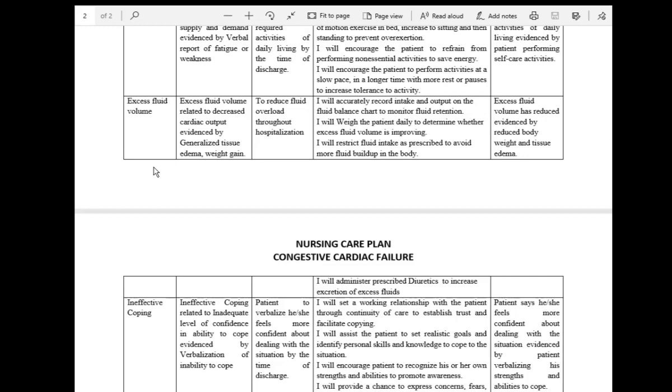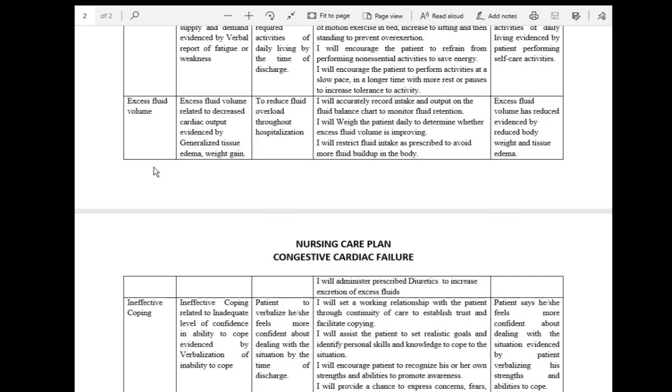How are we going to reduce this fluid overload? The first nursing intervention is that I will accurately record intake and output on the fluid balance chart and monitor fluid retention. I want to know, is this patient's fluid being retained?